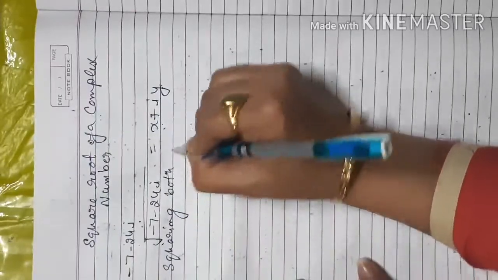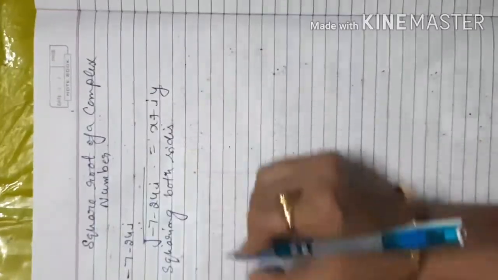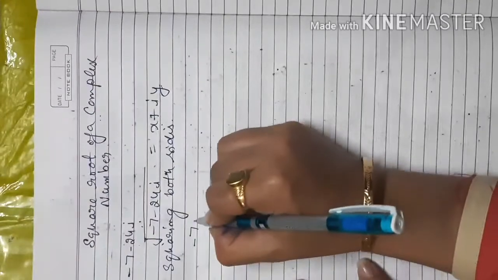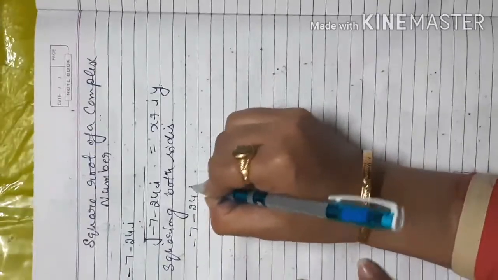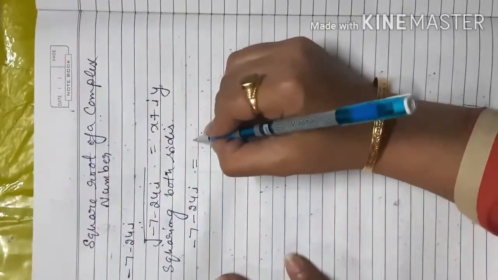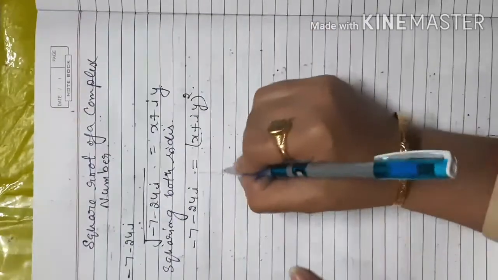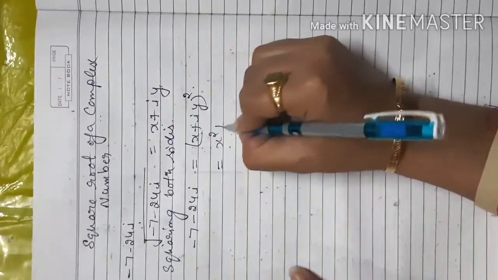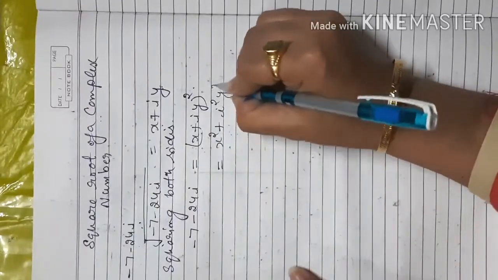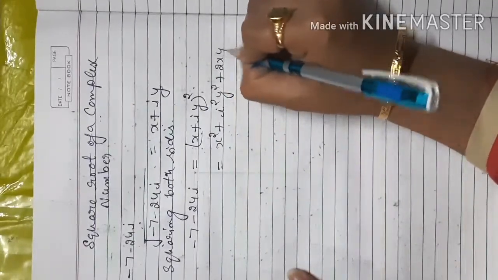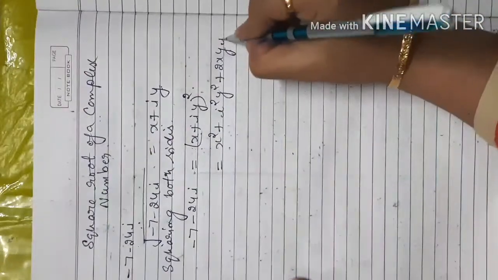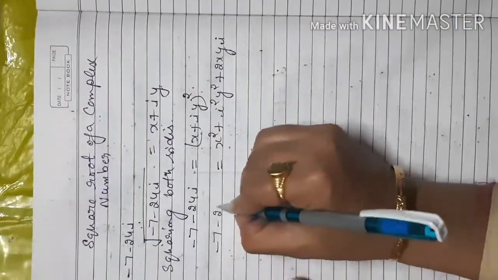Squaring both sides gives -7 minus 24i is equal to (x plus iy) whole square. Now you have to open this: x square plus i square y square plus 2xyi, then -7 minus 24i.